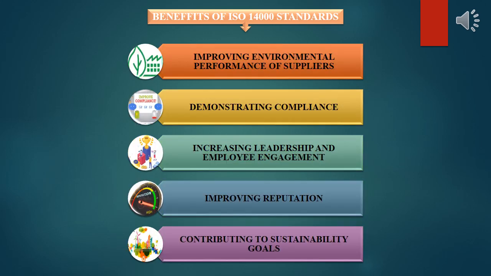Then ISO 14000 standards were helpful in improving environmental performance of suppliers. It was demonstrating compliance. Then it was increasing leadership and employee engagement. Then it was improving reputation. It was contributing to sustainability goals. These are the benefits of ISO 14000 standards. Nearly 10 benefits have been focused on here.